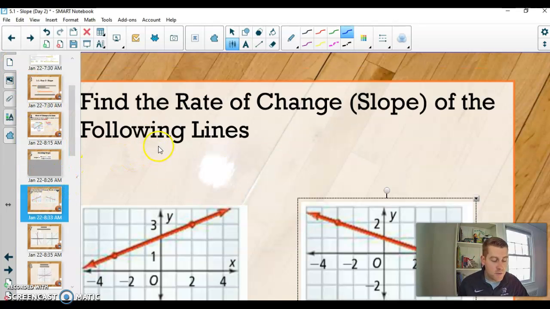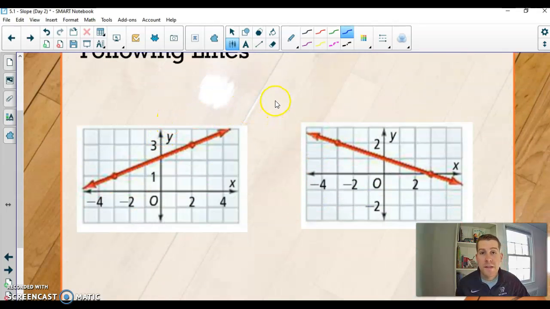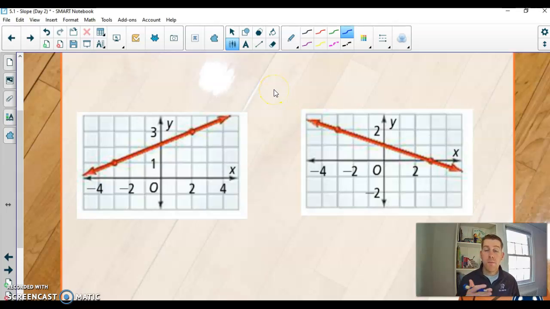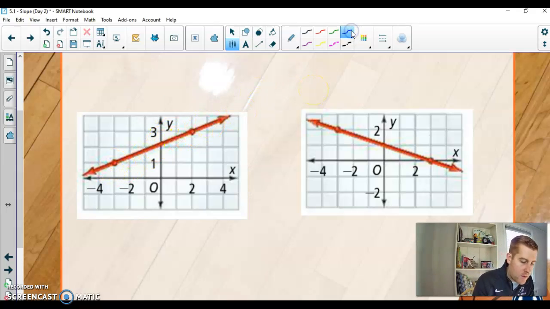So let's say we looked at two different examples here, and I want to calculate what the slopes of these lines are. That means from point to point on this line, what is the change in y over the change in x? I just want to see how I travel along this line. To get from this point here to this point here, let's count.